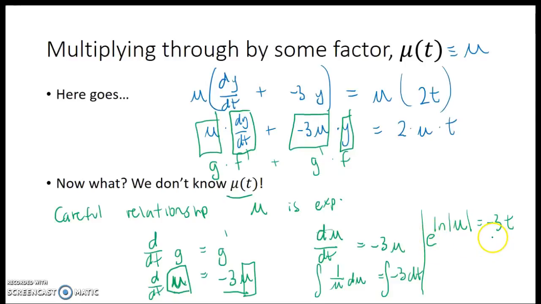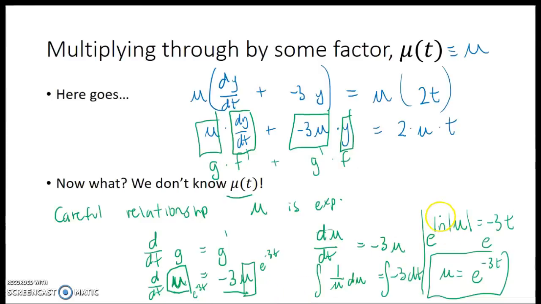So I'm going to exponentiate both sides, and I get mu is equal to e to the negative 3t. And in fact, that is an exponential function. And if I take its derivative, I get negative 3 e to the negative 3t. So the function and its derivative both involve the use of e to the negative 3t.